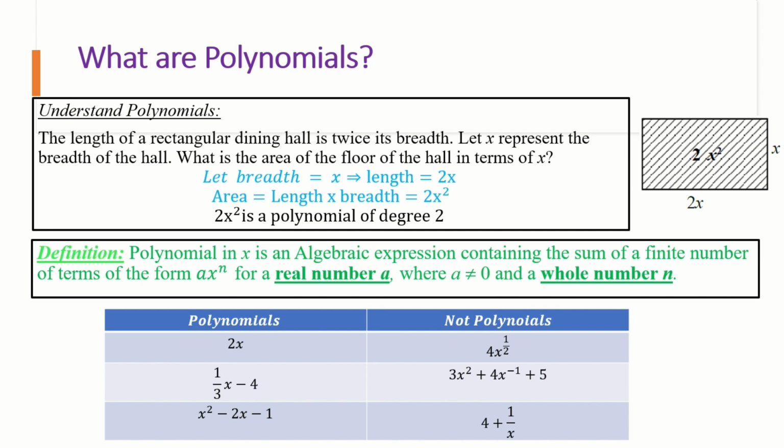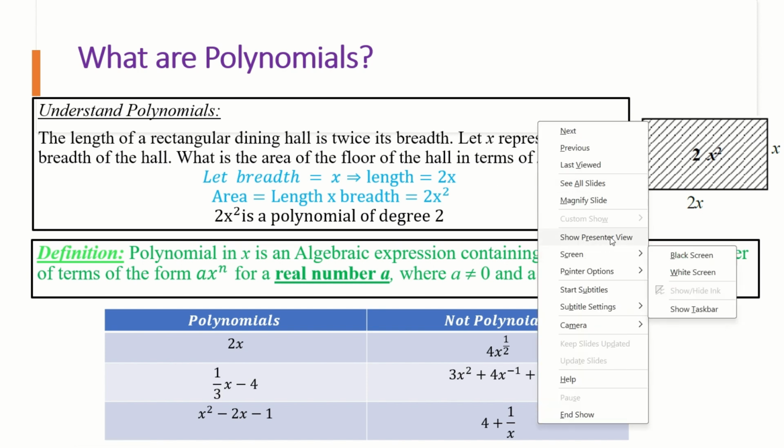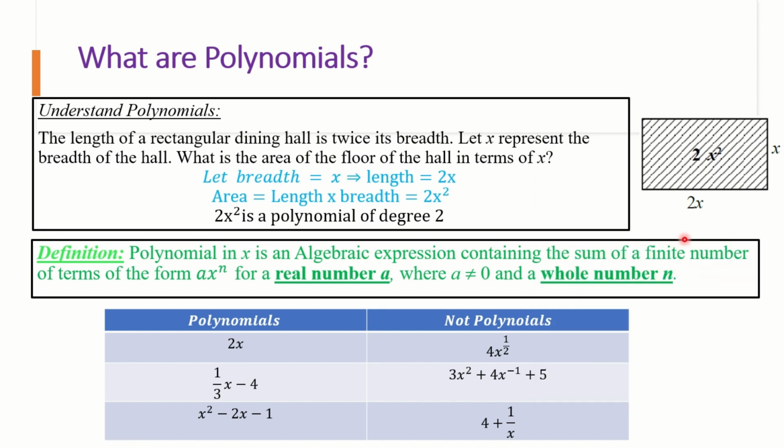If you have a simple question like you have a rectangular dining hall and its length is twice its breadth, that means if breadth is x, then length is 2x, right?